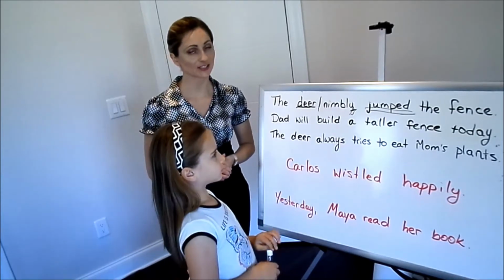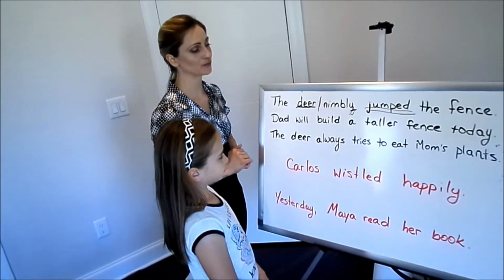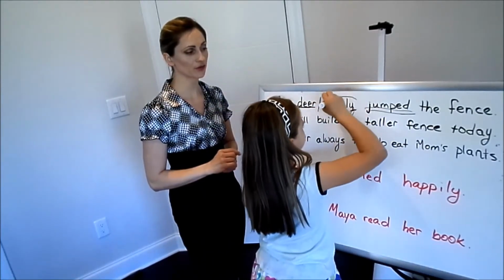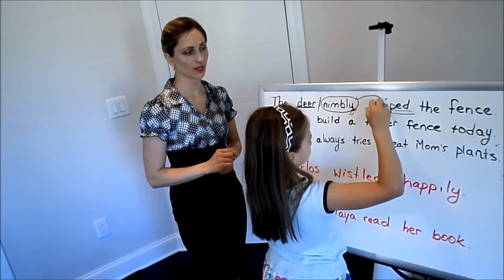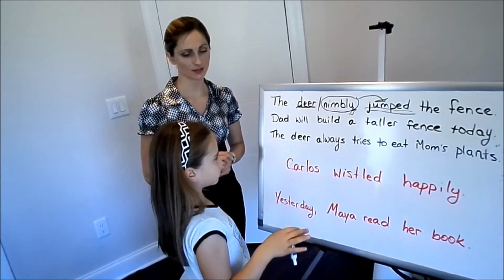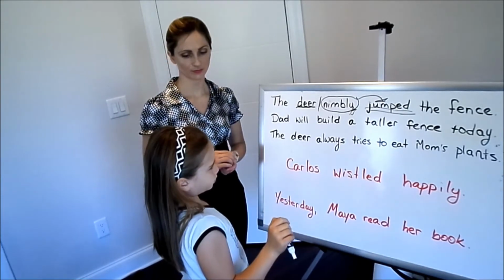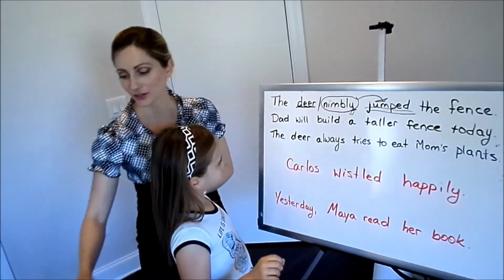What words describe verbs? Adverbs. It's adverbs. So nimbly is your adverb. Go ahead and circle it and draw an arrow from nimbly to the verb it describes. What question does nimbly answer? How he jumped? How? Very good.